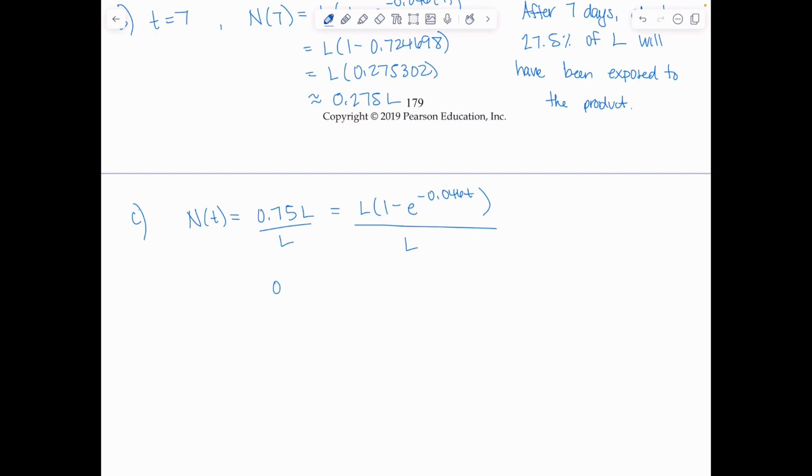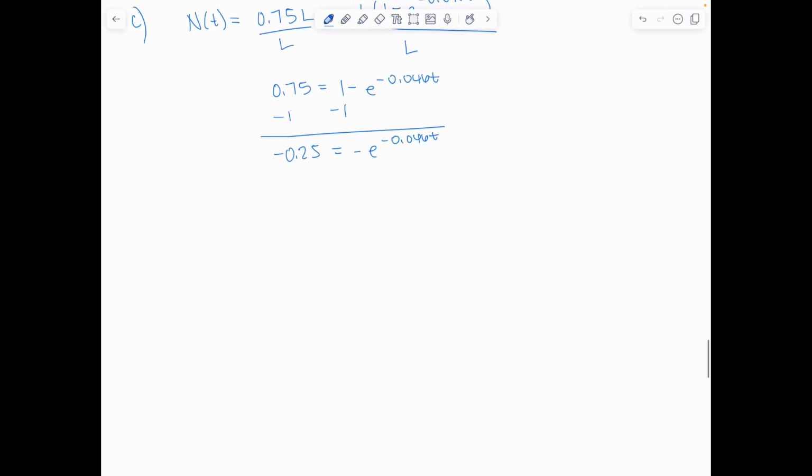We have 0.75 equals 1 minus e to the negative 0.046 t. And we'll subtract 1. Negative 0.25 equals negative e to the negative 0.046 t. And we can multiply by a negative 1.